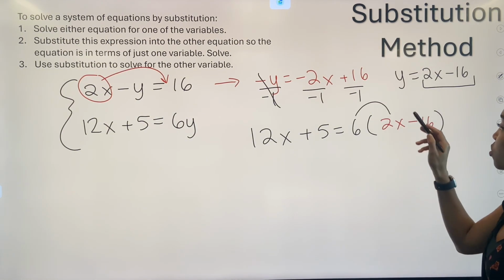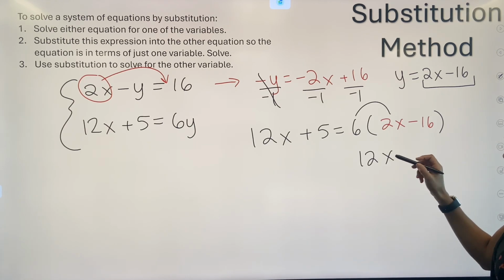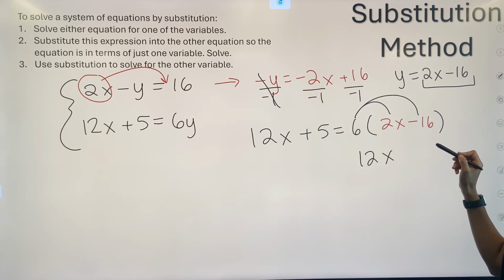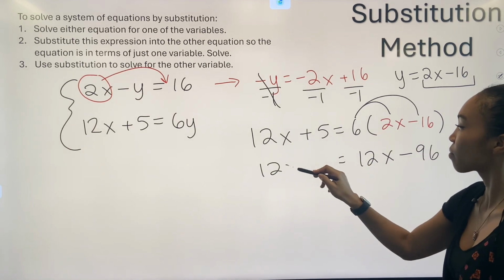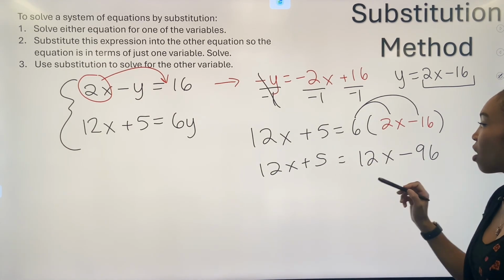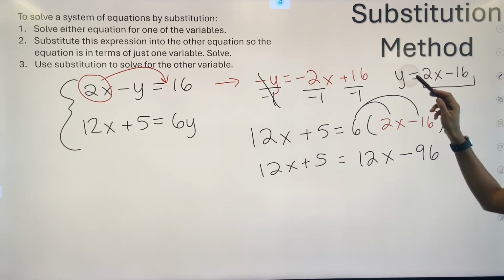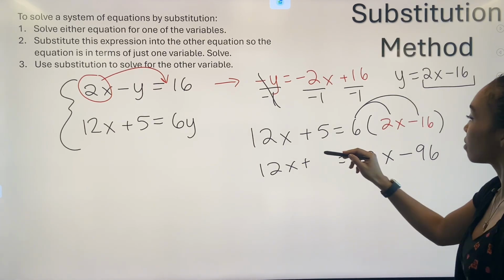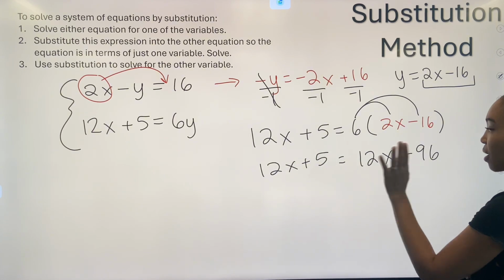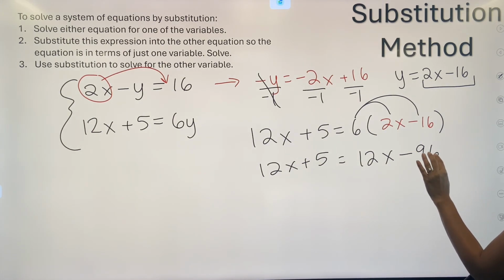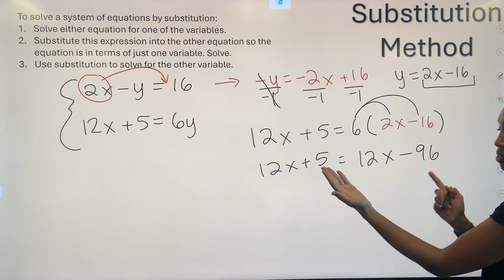So 6 times 2 is 12x. 6 times negative 16 is negative 96. I can already tell this is false. How can I add 5 to 12x and over here subtract 96 from 12x, and yet they're the same?